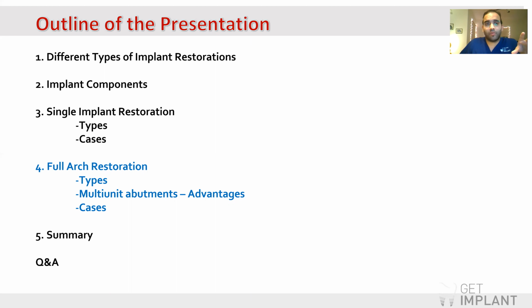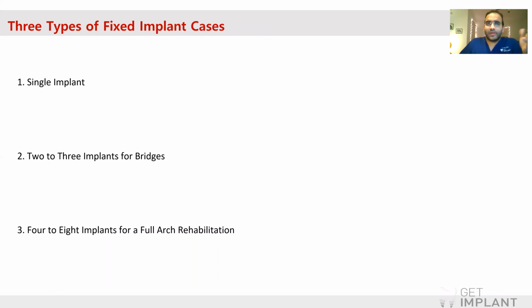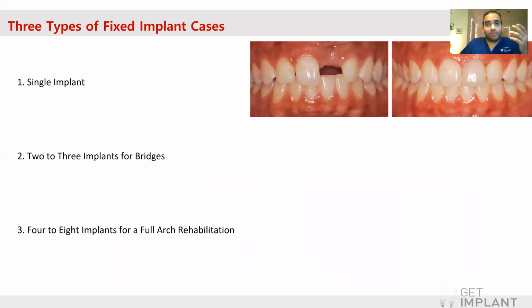Now, these topics by themselves can take 3 years or full residencies to cover, but I have 30 minutes to touch on a couple of points that I think would make your implant prosthetics really easy.